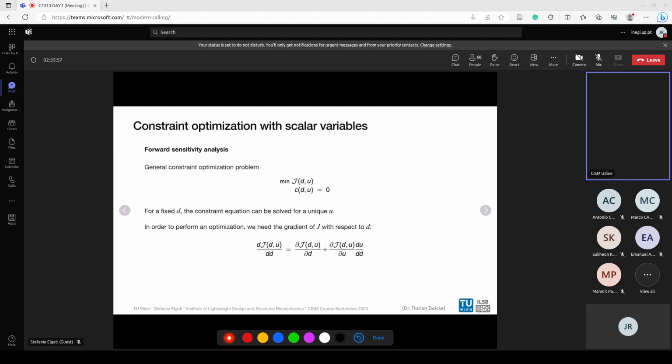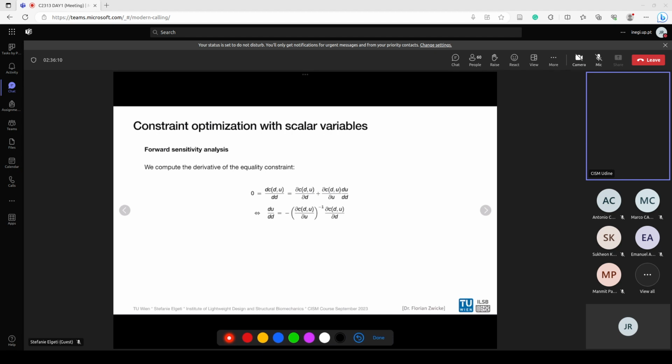So this is also what we just computed in the example. And now in the general case, how do we obtain du dd? That is the question. And so we compute the derivative of the equality constraint, so dc dd.